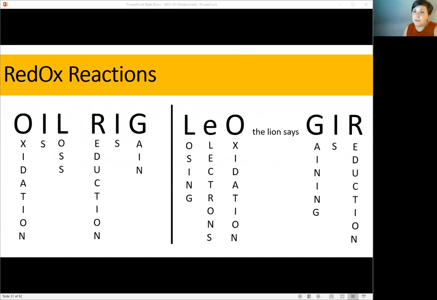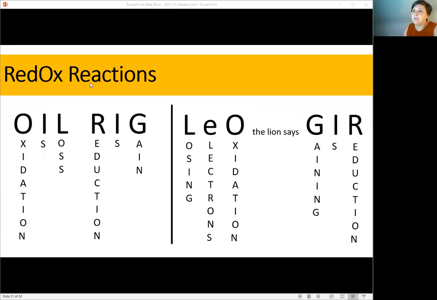There are a couple fun mnemonics that may help you remember what happens in redox reactions. The first, which is what I learned, is OIL RIG. OIL stands for oxidation is loss, and RIG stands for reduction is gain. Again, this may seem confusing, but just think about the fact that gaining an electron would result in a reduced charge.